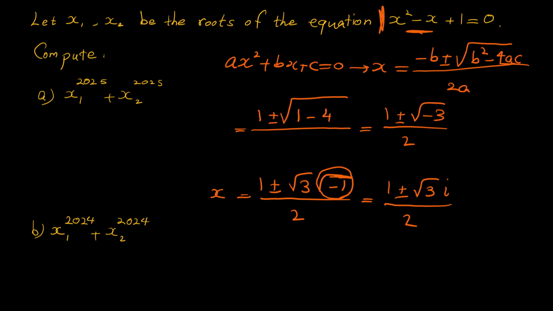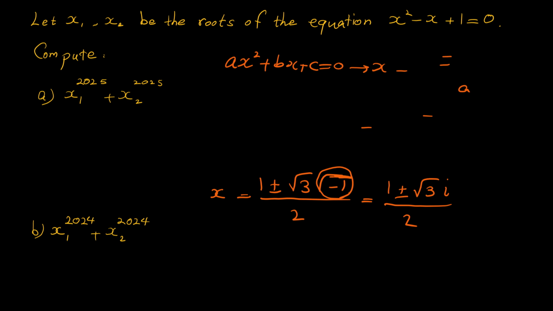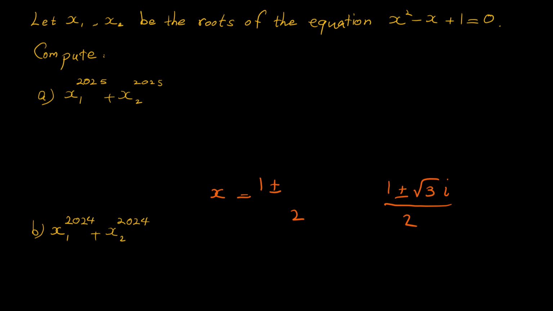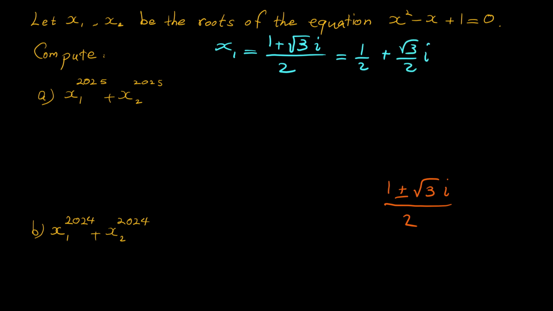Let me erase these calculations and this formula from here. Now that we have the roots of this equation, let me also erase these. So, based on the calculations that we did, the roots of this equation are x1 = (1 + radical 3 i)/2, which you can write as 1/2 + radical 3 over 2 i.